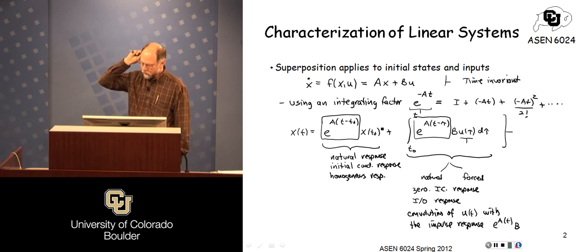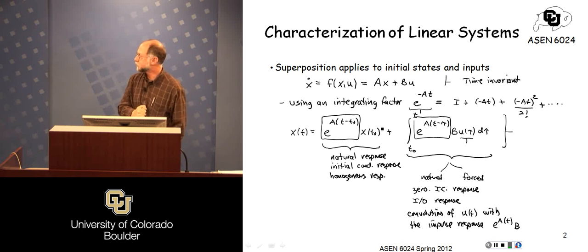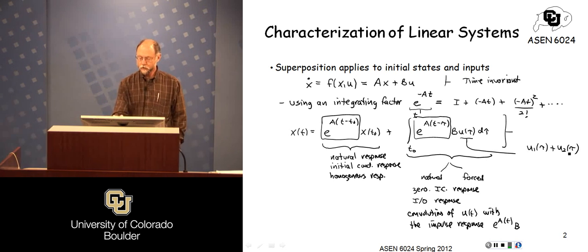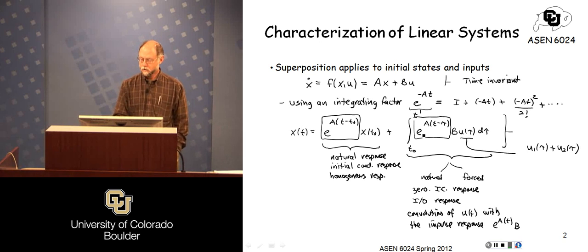And one thing that's pretty obvious here is that this system satisfies superposition, right? Because if I stick in, for u, u1 plus u2, since the integral is a linear operator, multiplication by this matrix infinite series is a linear operator. I could split this integral into two terms, one involving u1, one involving u2. And then the integral involving u1 would be the response of the system to u1.